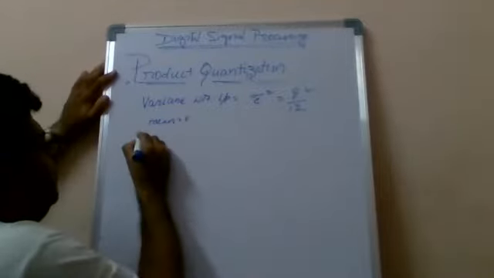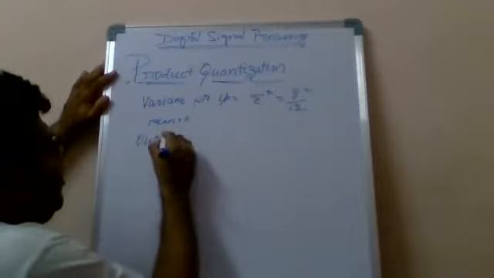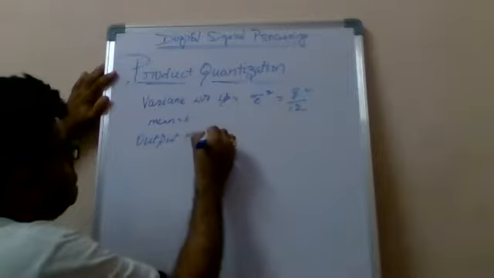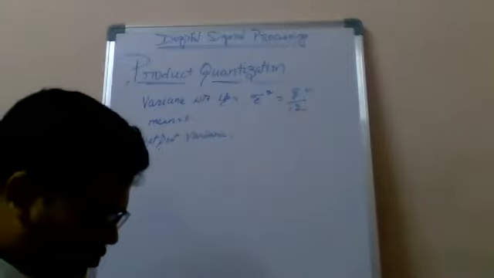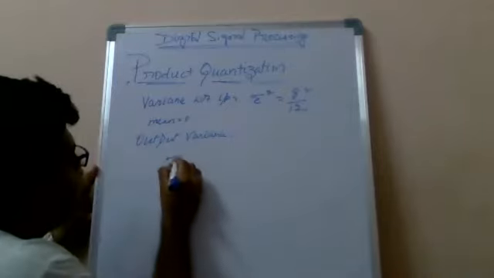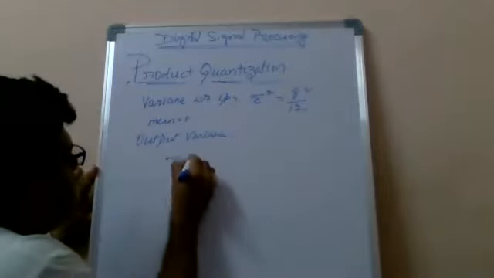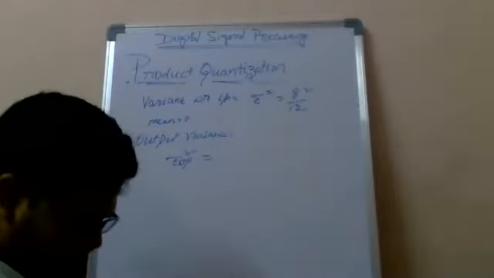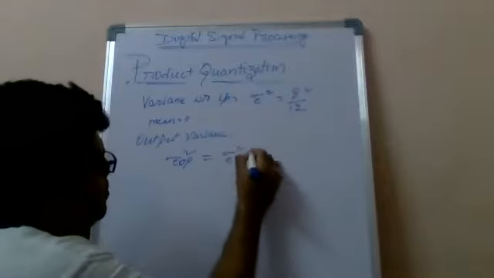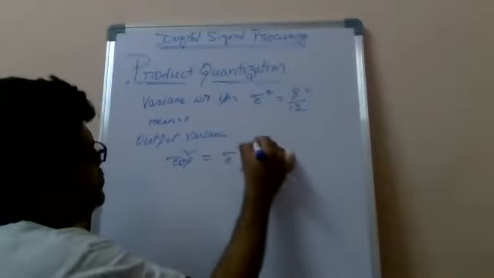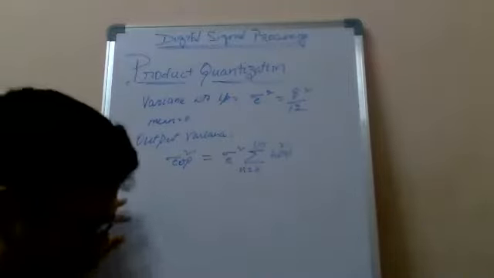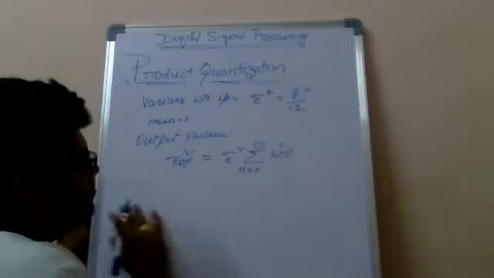Now, even here we have to calculate, as I have told you, the output variance. So the output variance sigma EOP square is equal to sigma E square into the sum over n from 0 to infinity of h of n square. The same equation as we have seen in the previous case.